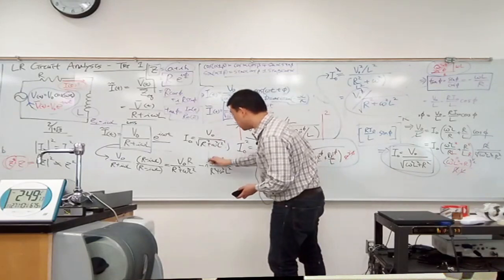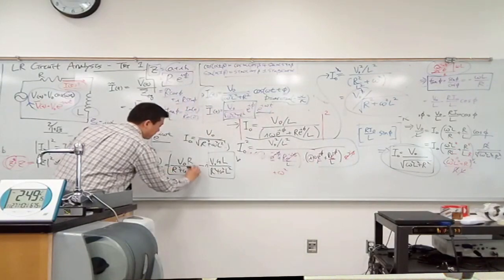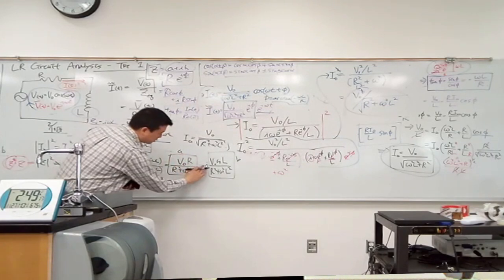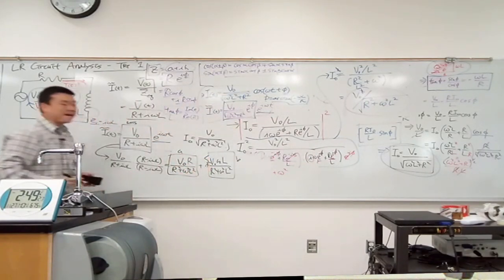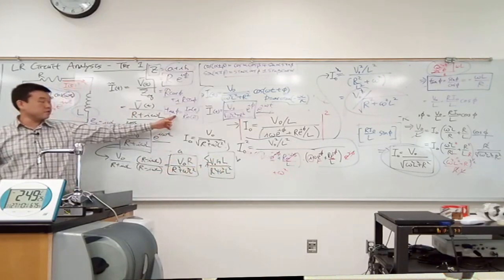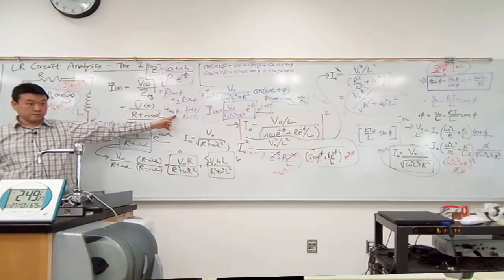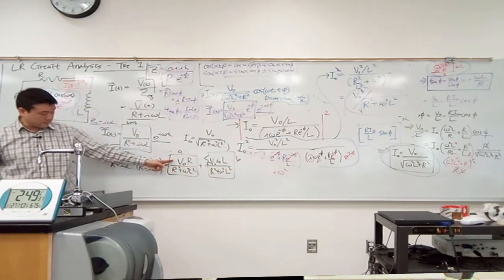So when you take the ratio of B to A, actually this minus sign should be included in B. You take the ratio of B over A, that's the tangent of phi. And when you take the ratio of B over A, a lot of things will cancel out.